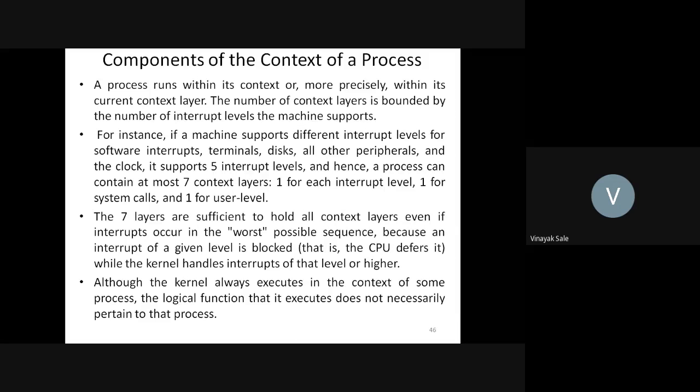So a process runs within its context, or more precisely within its current context layer.